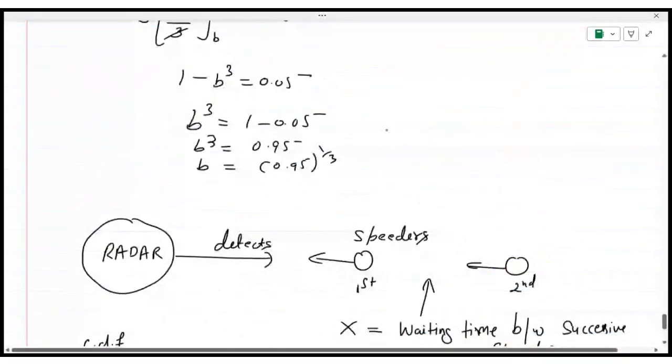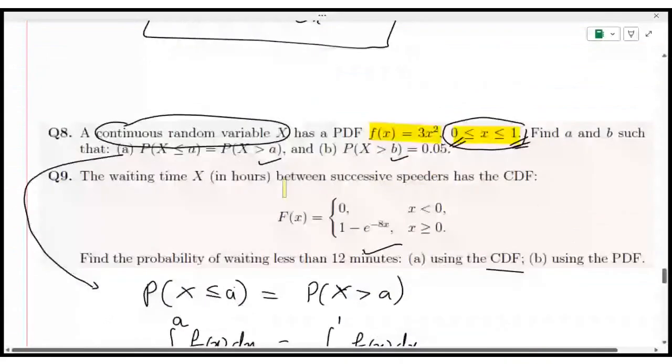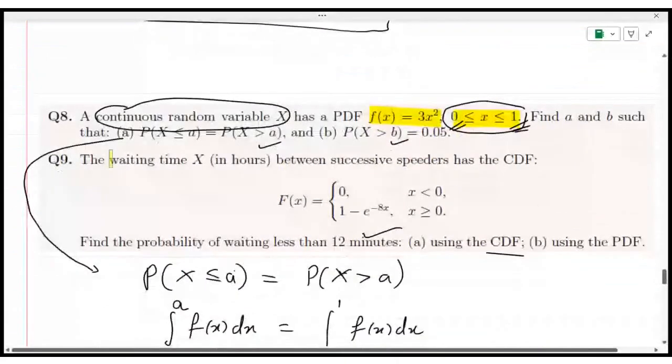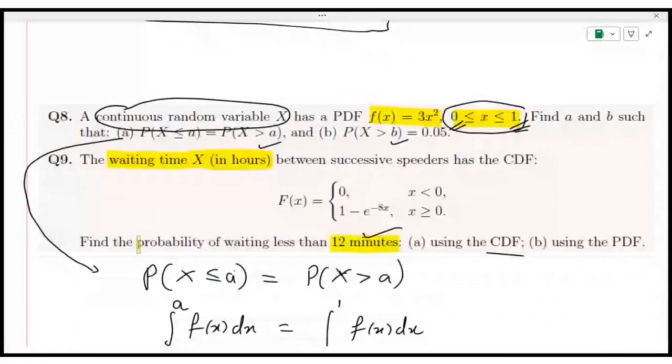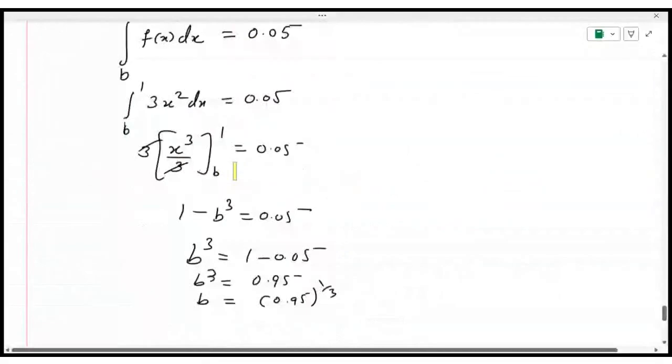Because in the question, the waiting time X is measured in hours, but they are asking us in minutes. So first we need to convert 12 minutes into hours.